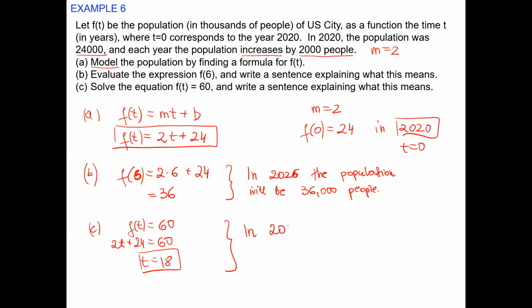In 2038, because we're adding 18 to the initial time 2020, the population will be 60,000 people. Perfect. I hope you have the same answer.